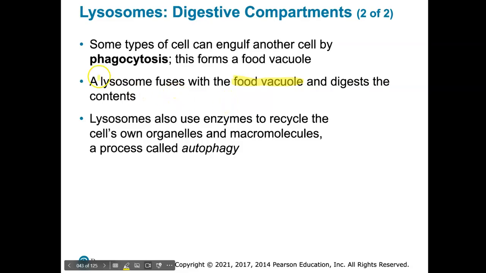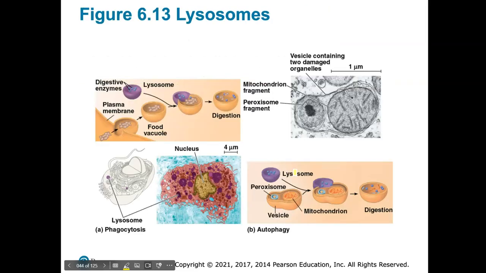And so what's going to happen is a lysosome is going to come along and fuse with that food vacuole. And then it's going to empty its enzymes into the food vacuole, and those enzymes are going to break down the food particles into smaller macromolecules, and then into smaller nutrient molecules, and then they can be absorbed into our blood.